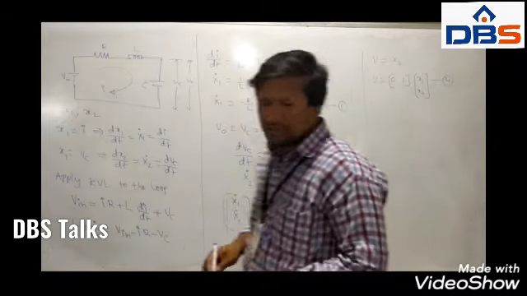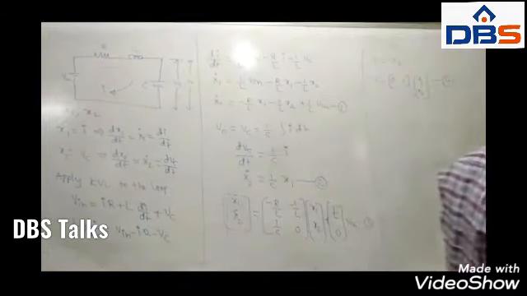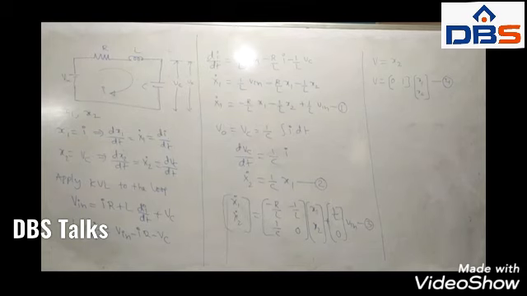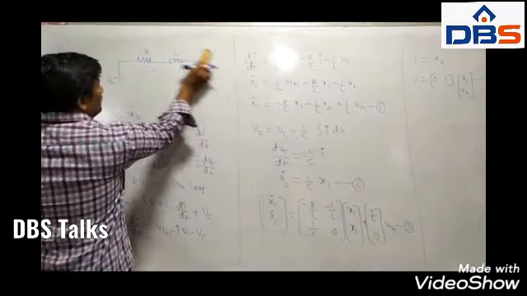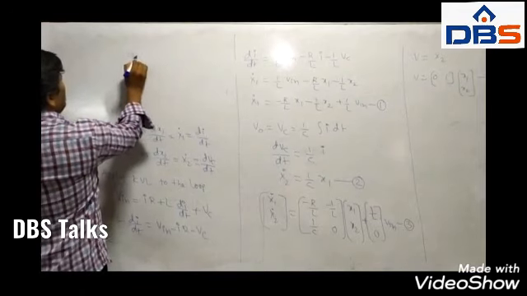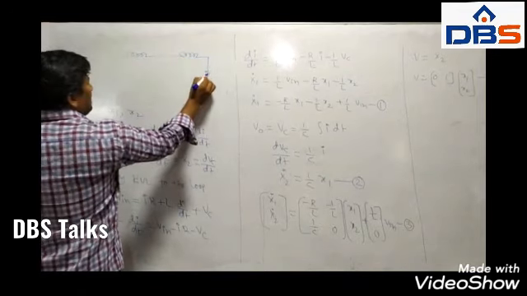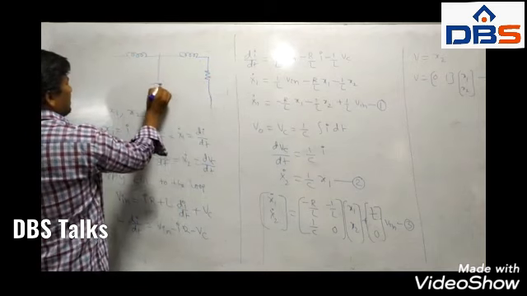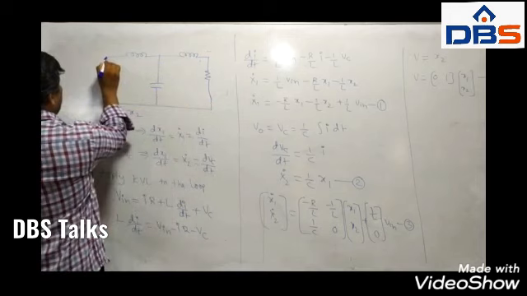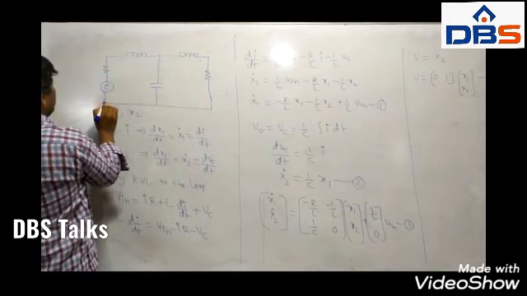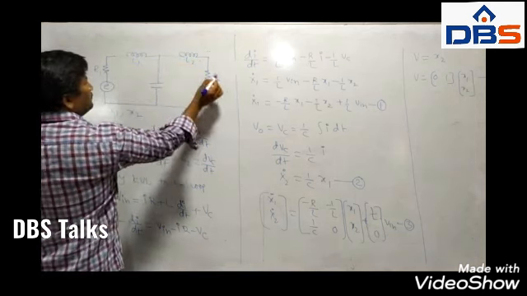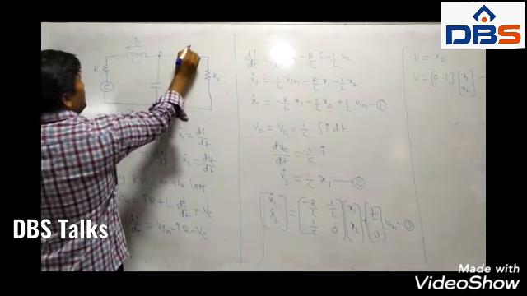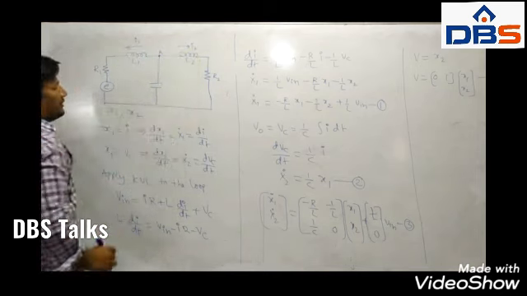Now we discuss another circuit. The given circuit has two inductors and resistors, a capacitor, and a resistor with input E. This is R1, L1, L2, R2, and this is node A, with the given current directions I1 and I2.